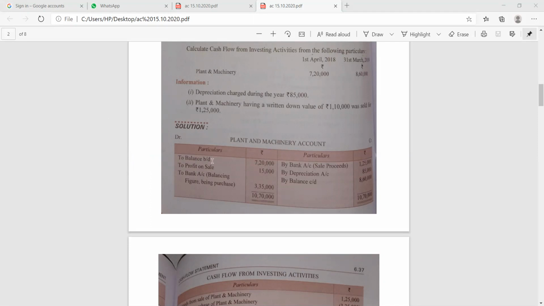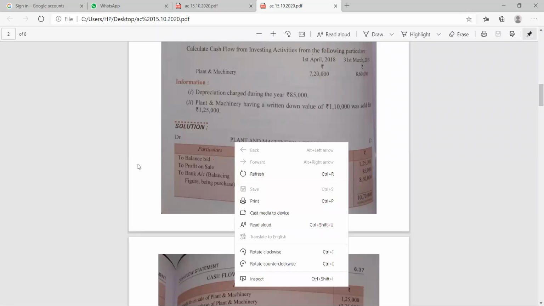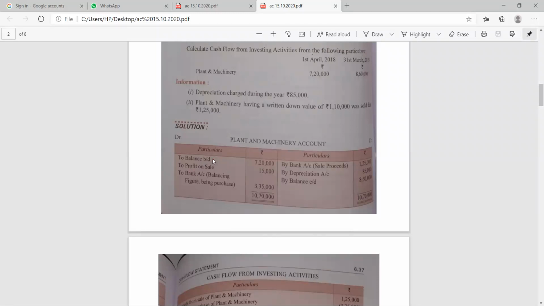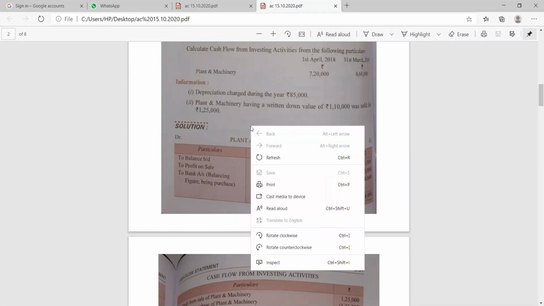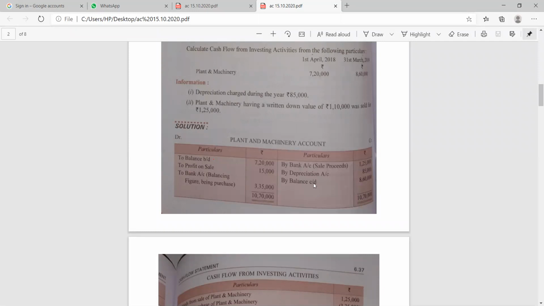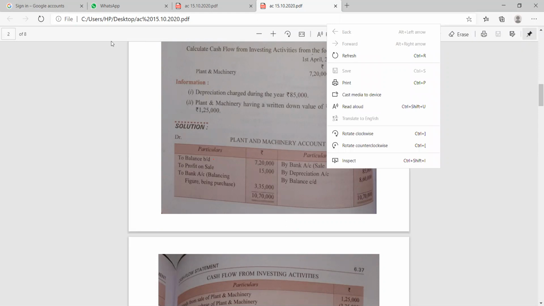See, first of all, the balance is clear to everybody, I hope, because it is the balance that is given on the opening date. This is the balance which is given on closing date, that is balance carried down.